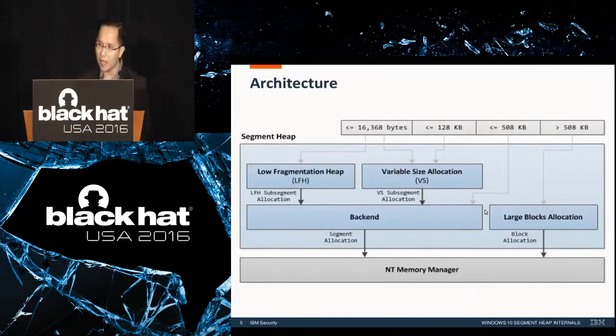It directly uses the NT Memory Manager APIs for the allocation and the freeing of the large blocks. Another part to notice is that for allocation sizes less than or equal to 16,368 bytes, the allocation request will only be serviced by the LFH if the LFH bucket for that particular allocation size is activated. If not activated, it will be serviced by the variable size allocation component.